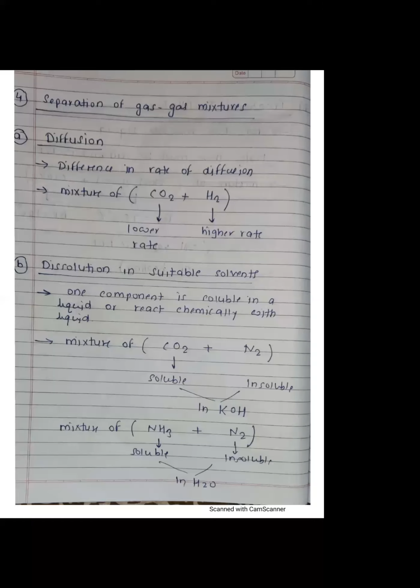Sir, if we mix carbon dioxide and nitrogen in potassium hydroxide, then carbon dioxide will dissolve, but nitrogen will escape from the liquid. We will do the experiment in a closed container. So CO2 will dissolve and N2 will be removed from the top. Okay, thank you.